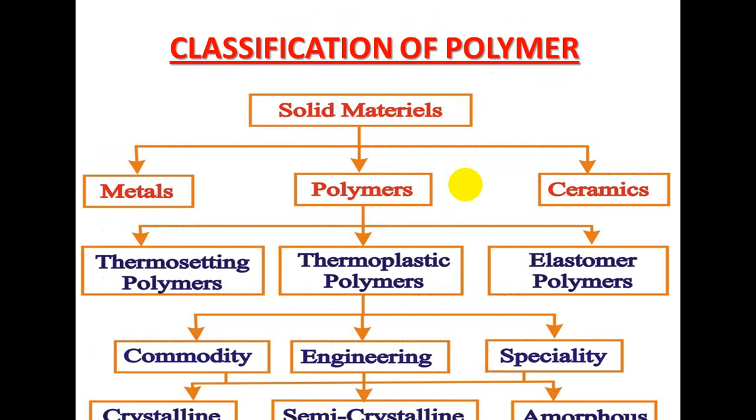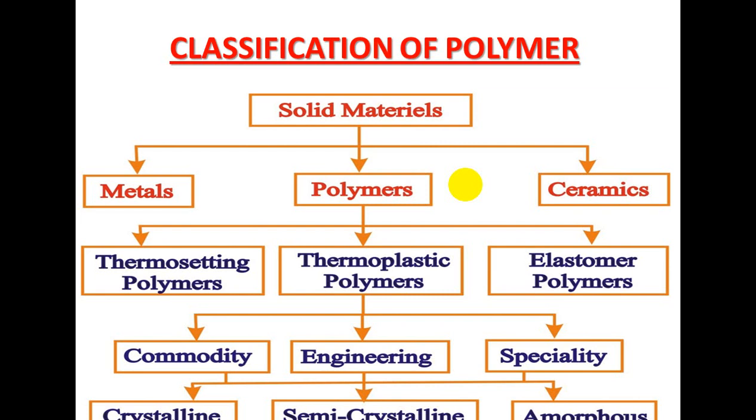Now just see the classification of polymers, because our concentration is on polymers, especially plastic. The polymers are different, for example glucose, carbohydrate, DNA and RNA, and other polymers also.